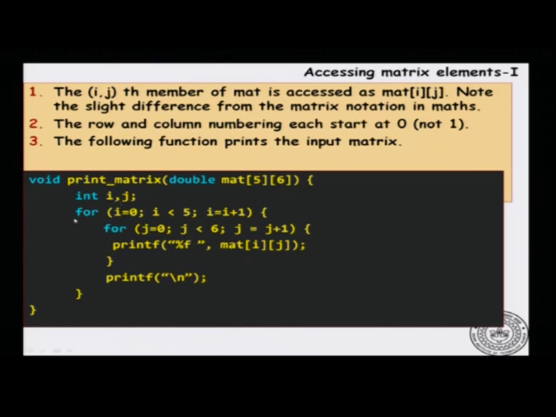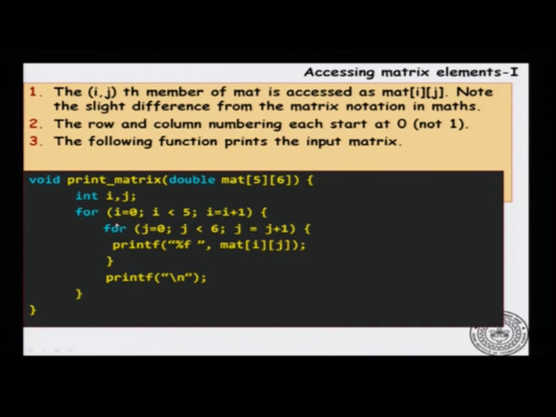Now, how do you iterate over the whole matrix? Well, first you would take each row i. So, you need an outer loop for that based on the variable i. i will go from 0 to 4. Okay. So, the for loop goes from 0 until you hit 5.